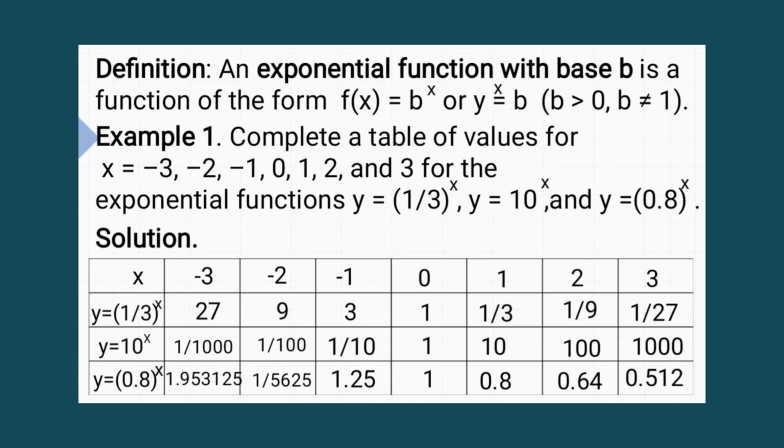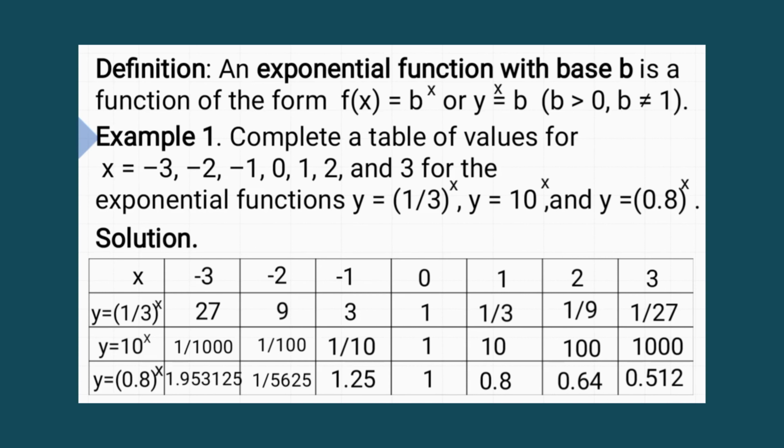Okay, example 1. Complete a table of values for x equals -3, -2, -1, 0, 1, 2, and 3 for the exponential functions y = (1/3)^x, y = 10^x, and y = 0.8^x.